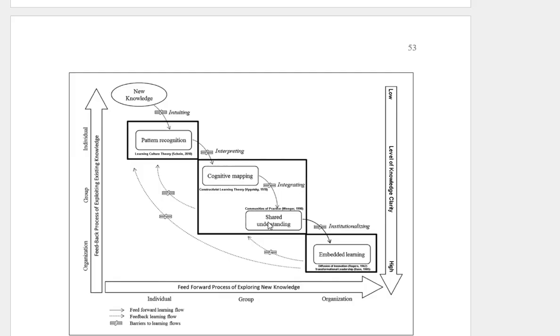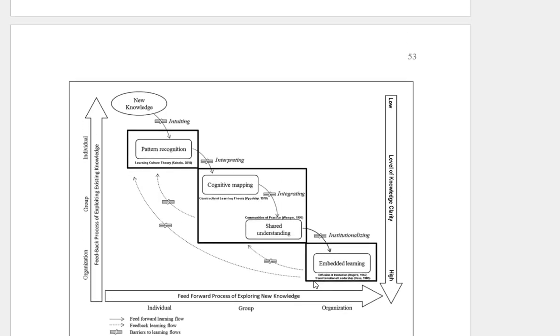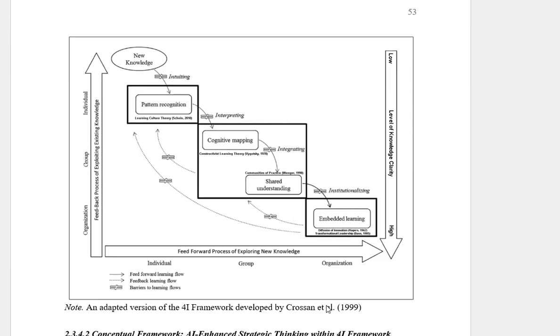But it also could lead to institutionalization and creating a plan, which may come back to cognitive mapping or may come back to pattern recognition. So it's a kind of loop. And then you have to explain the feedback process and the leveled knowledge and the feedforward, because this is a very difficult diagram to understand and it will require an explanation.